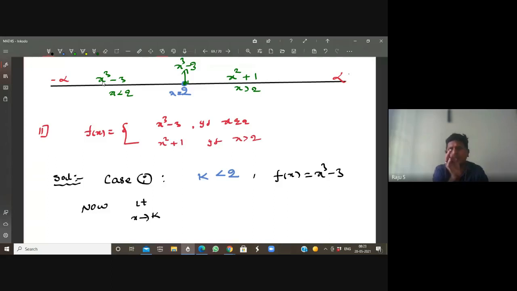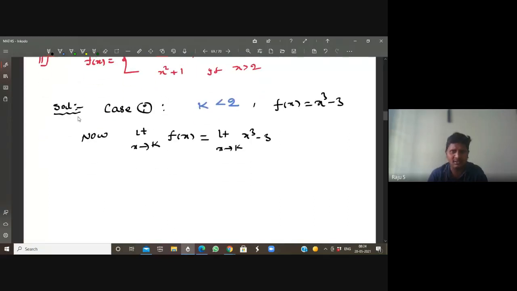So in general that value I want to take as k. So limit x tends to k f of x is equal to limit x tends to k, where k is any value lesser than 2. So f of x means x cube minus 3.